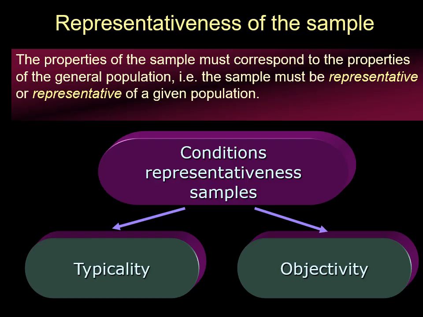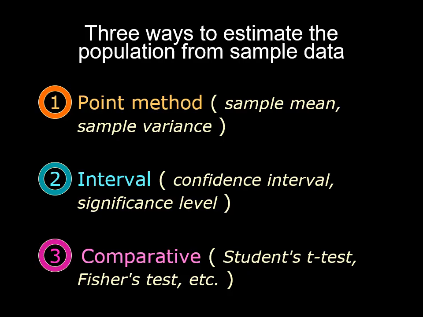After the selection is made from the general population to the sample, calculations are started, that is, quantitative estimates. Currently there are three of them. The first is the point method of estimation, in which, for example, the sample mean, sample variance and mean square deviation are calculated.